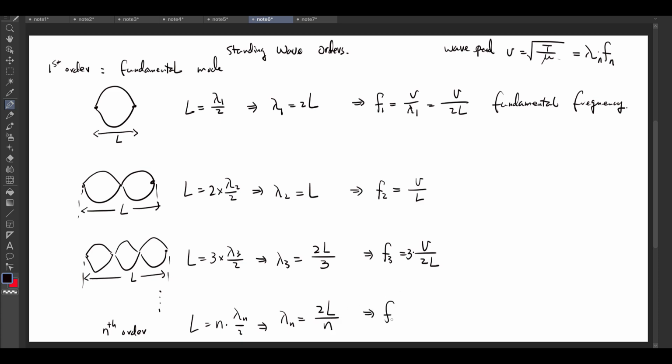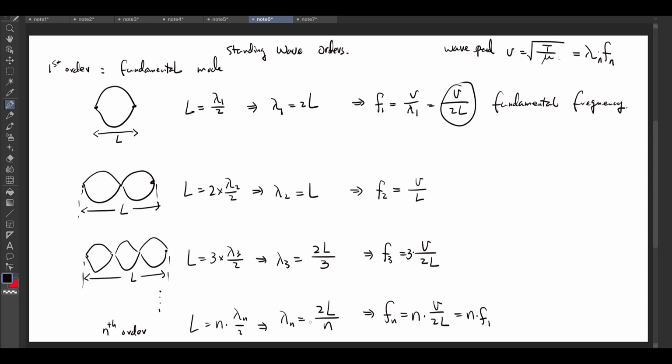And the frequency Fn equals V over lambda n. So that's n times V over 2L. Okay, so now we can see we can simply multiply the nth order with V over 2L, which is the frequency of the fundamental mode. So you can say n times F1, simply just that.